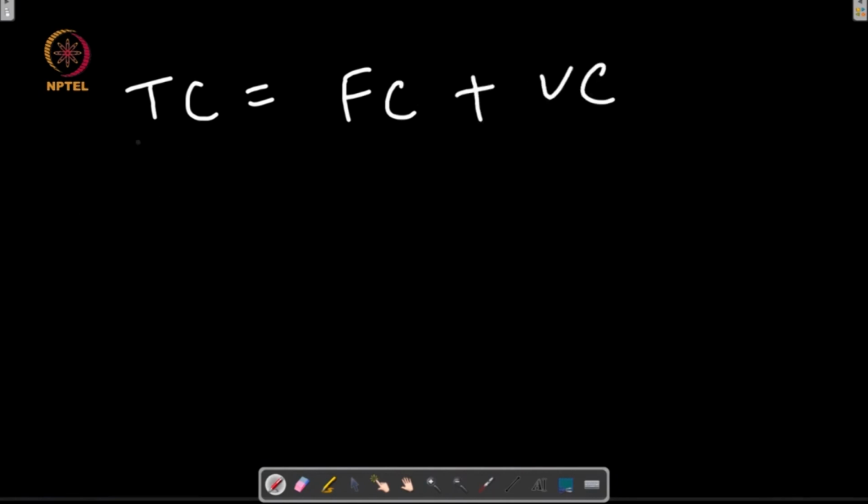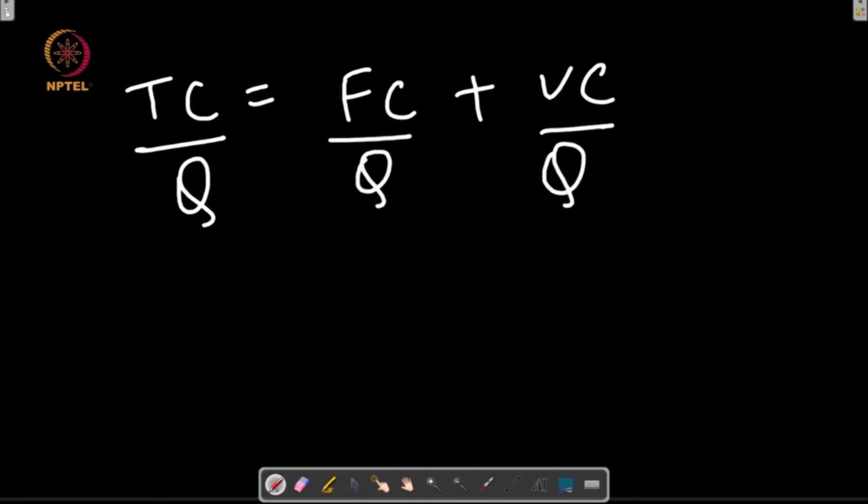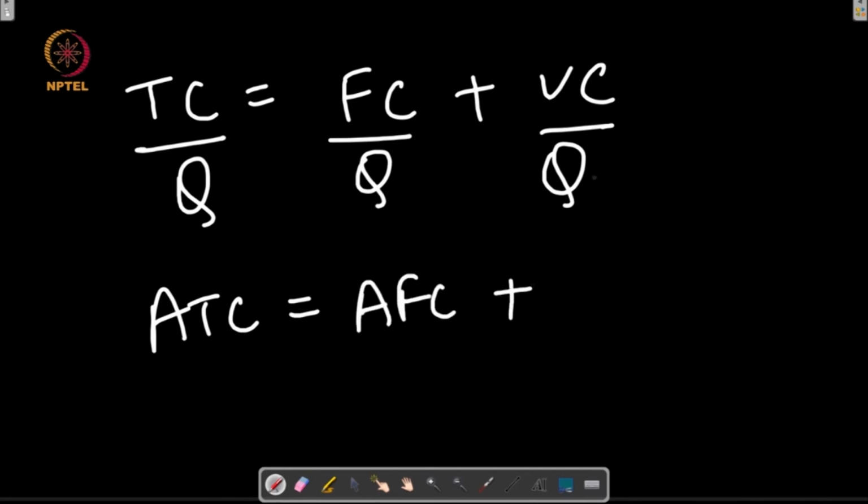The average total cost is total cost divided by the output. So if we divide the whole of the RHS also by output, we will get this. TC by Q, the average total cost, is equal to the fixed cost by Q, the average fixed cost, plus the VC by Q, the average variable cost. So the average total cost is equal to the average fixed cost plus the average variable cost.